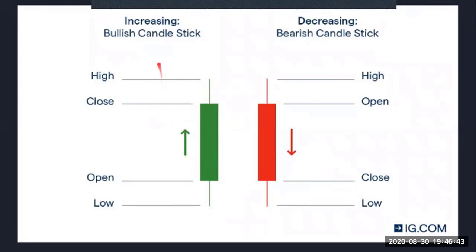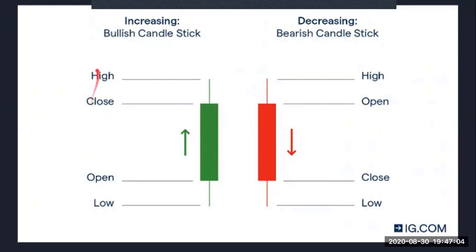So in this bullish candlestick, we have what we call the high, which means the highest price that was traded in that market over that period. Let's just say this is a 1 hour candlestick.